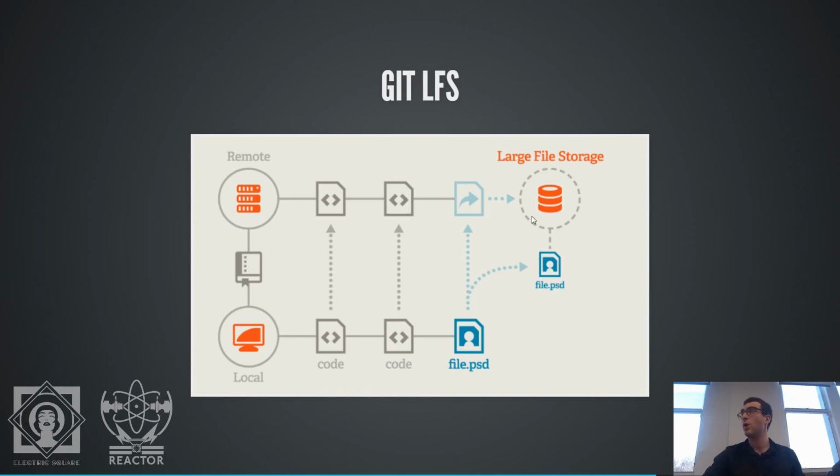What it basically does is when you commit your code and check it in, instead of checking the file as it is into the repository, it will take that file, store it on a file storage somewhere else, and then what's checked into your repository is a tag file, which lets Git LFS know where on the large file storage that file is located.